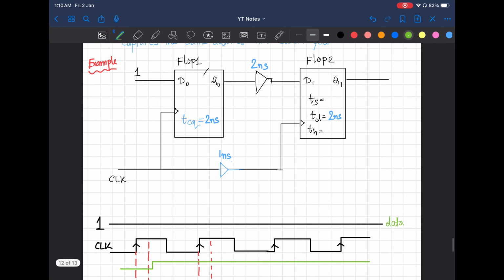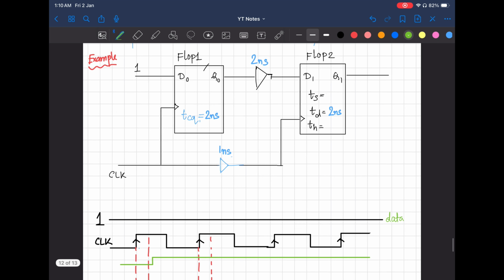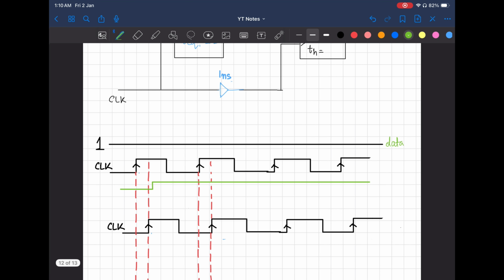That is a combinational delay of 2 nanosecond, so that's why I am adding an extra 2 nanosecond to that. You understand? So here I am saying this is the delay of 2 nanosecond, and this is the delay of 2 nanosecond, total delay of 4 nanosecond.